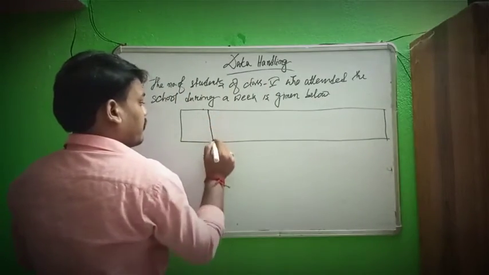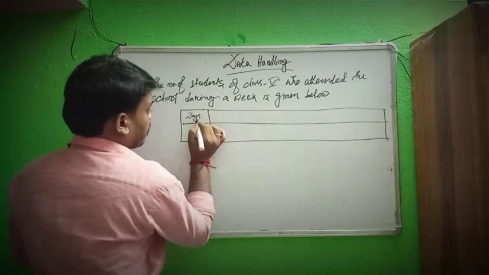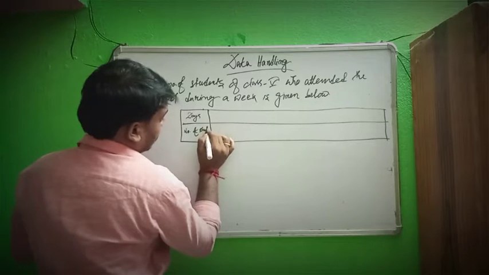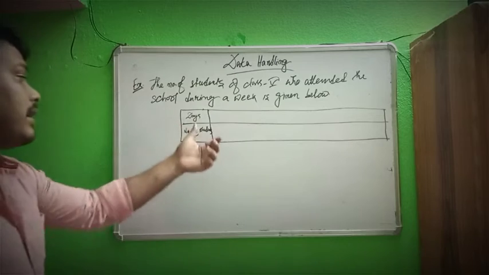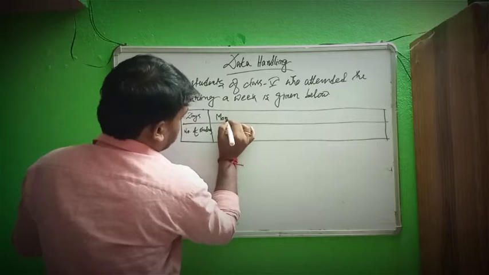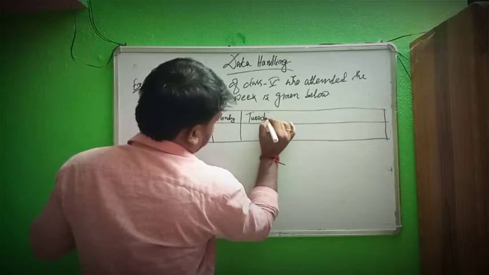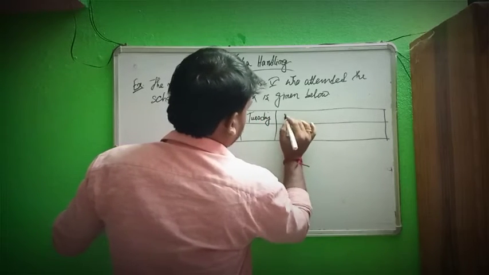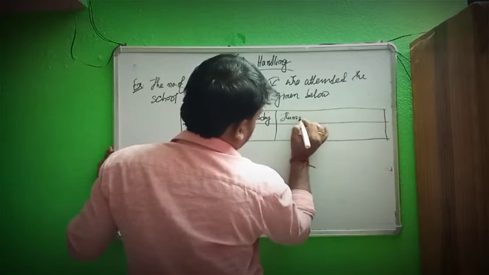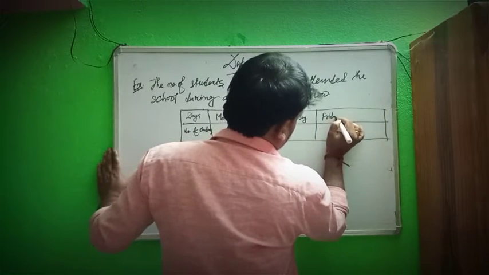Here are days, and here number of students. One row is for days, another is for number of students. So the days are Monday, Tuesday, Thursday, Friday, and Saturday.